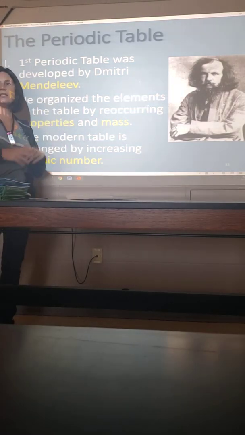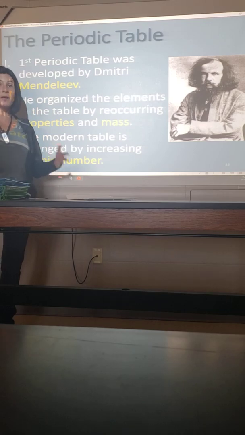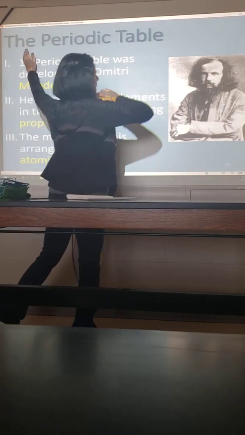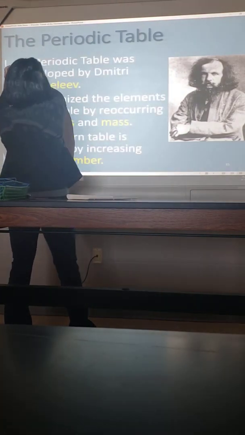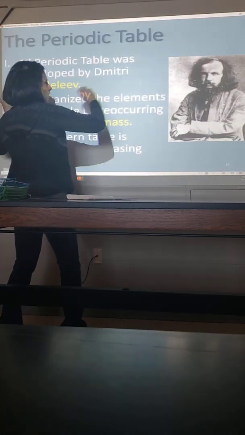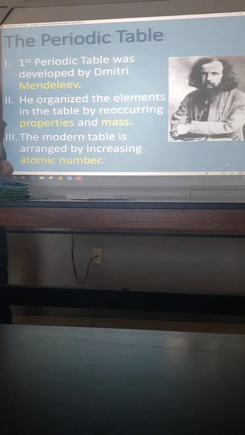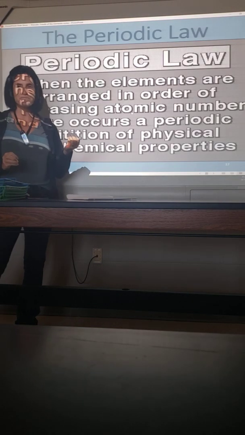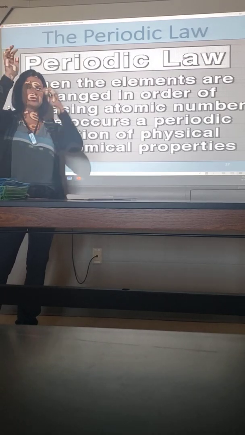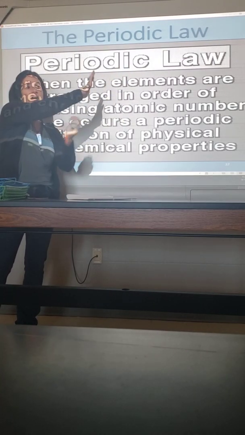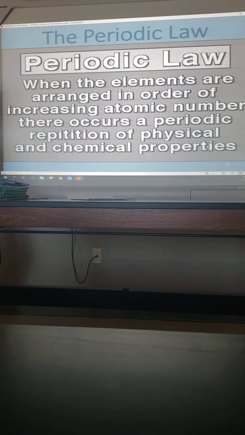So just like you would naturally read a page or a paragraph, you start on the left, go to the right, drop back down, go to the next line or row, and keep going across. And now that's how the periodic table is arranged, going from 1 proton to 2 to 3 to 4 to 5 to 6 to 7 as you go across. And this is something that's called periodic law.